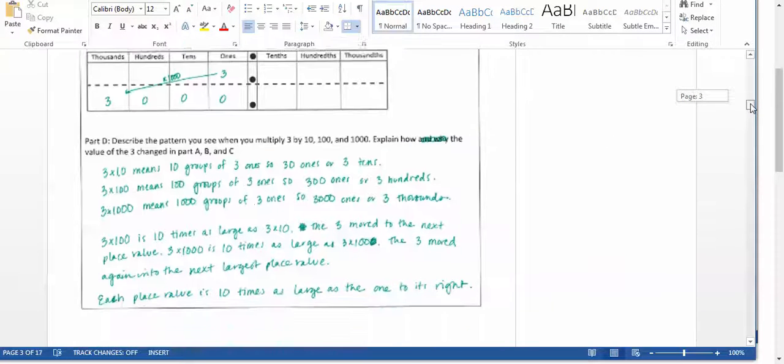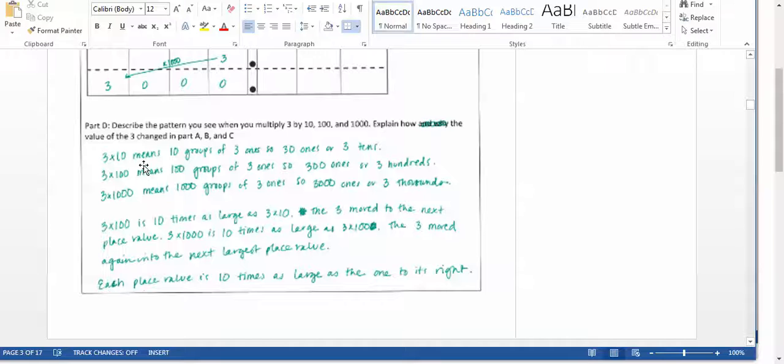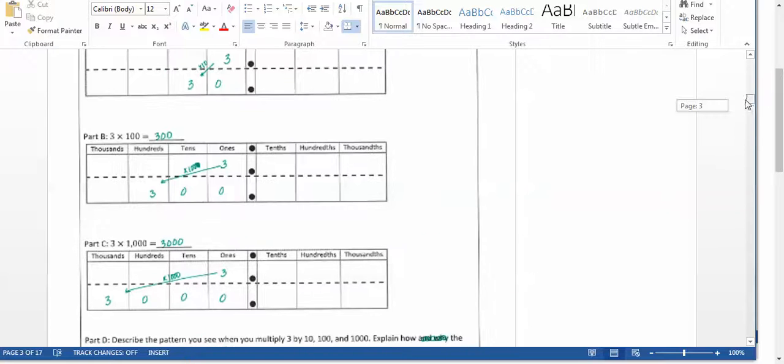So what we know is that when I have 3 times 10, that means 10 groups of 3. That's the same as 3 tens or 30 ones. My 3 keeps sliding into a larger and larger place value. What we notice is every time we're multiplying by a number that's 10 times as large, right? 100 is 10 times as large as 10. And so my 3 is in the next place value to the left.